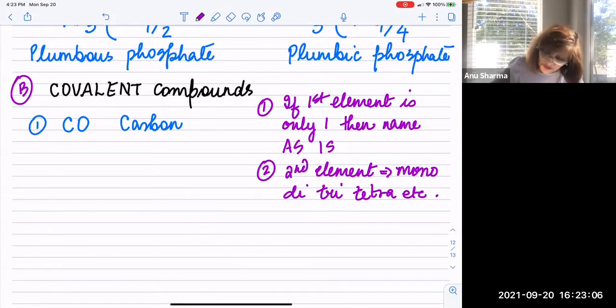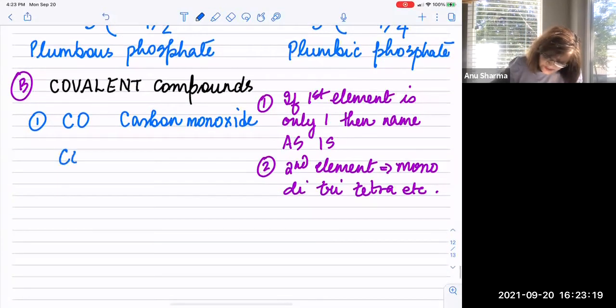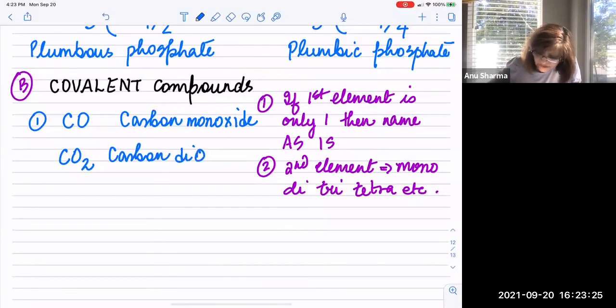Okay, so here we have carbon, just one, but oxygen is also just one, but we call it carbon monoxide. So don't put two oxygens, like two O's, just two. But if you have carbon with two oxygens, then it becomes carbon, the name just as it is, dioxide.